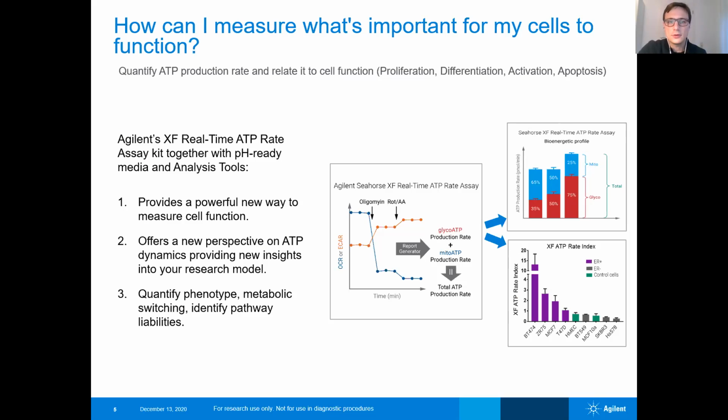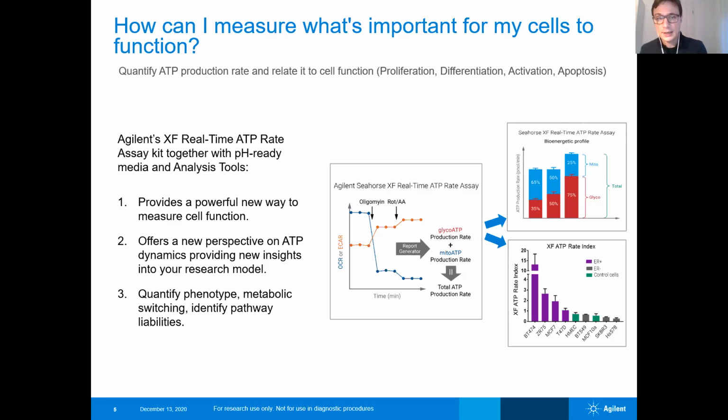If you look at the middle figure, you can see what an ATP rate assay consists of. We have an injection of oligomycin to see the inhibitory effect on oxygen consumption rate, the respiration, in blue. From the effect of oligomycin we can calculate the coupled respiration, and from that the mito-ATP production rate.